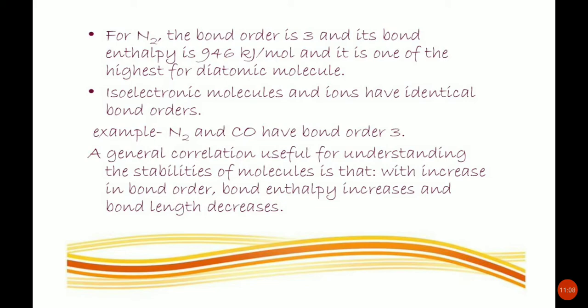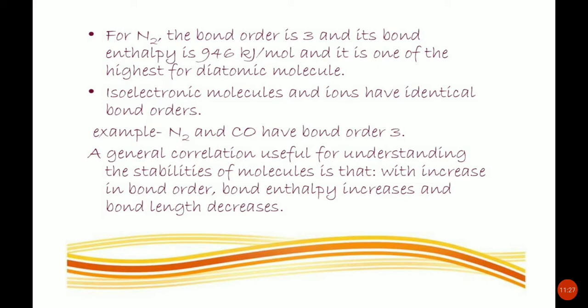So isoelectronic molecules and ions have identical bond orders. Example, nitrogen and carbon monoxide have bond order 3. In between two nitrogen atoms we have 3 bonds, and in carbon monoxide between carbon and oxygen the bond order is 3.